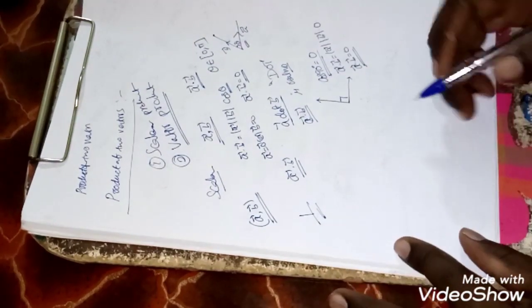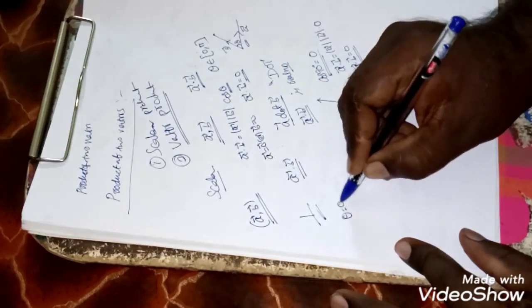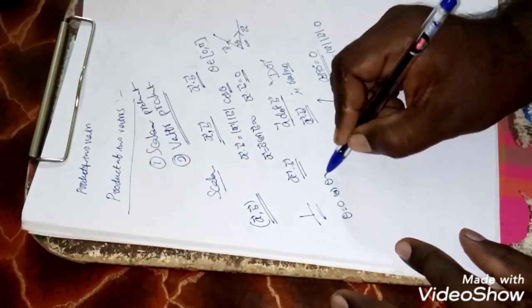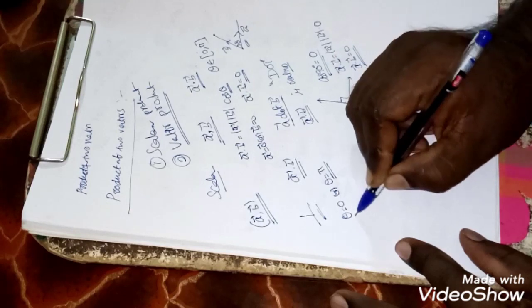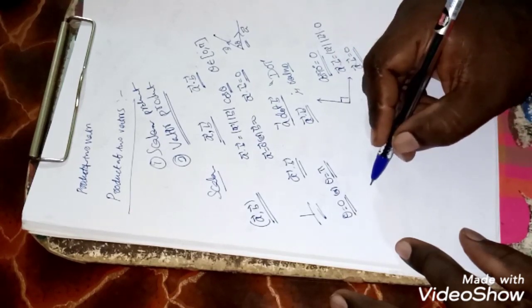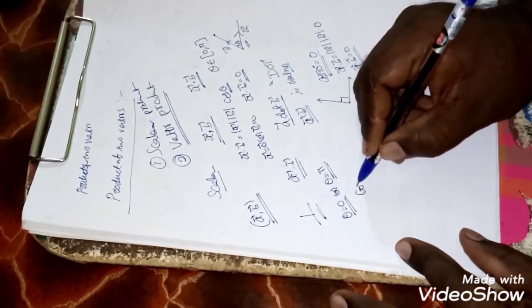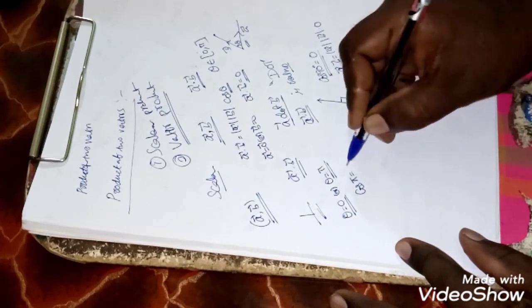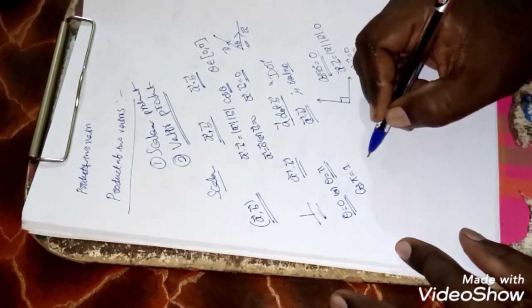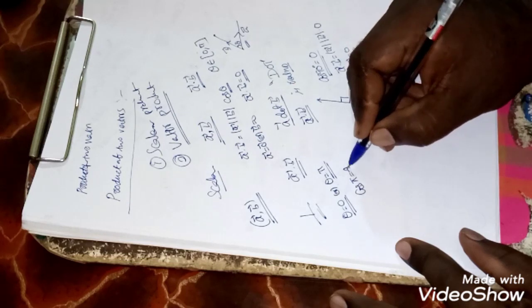Next, theta is equal to 0 or theta is equal to pi. That means the vectors are collinear. Then what do you know? Cos 0 is equal to 1, or cos pi is equal to -1.